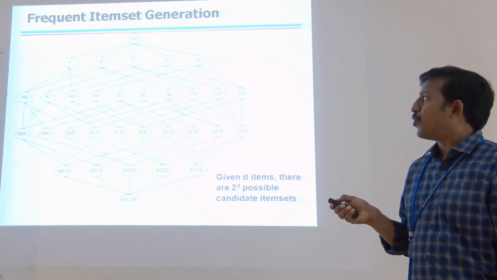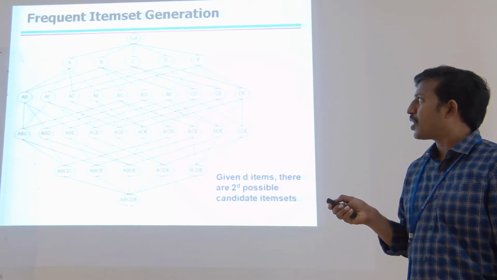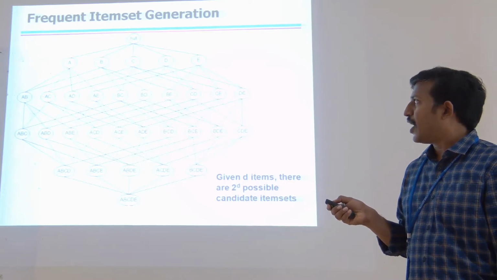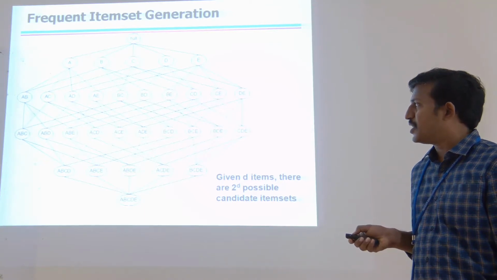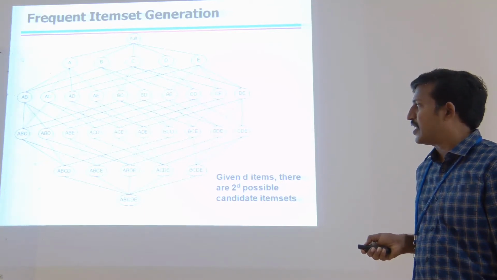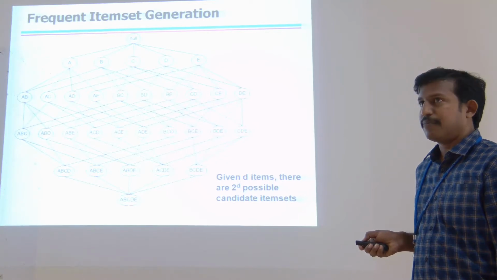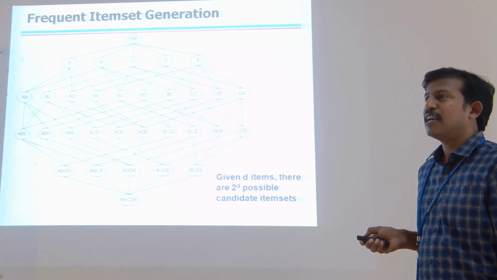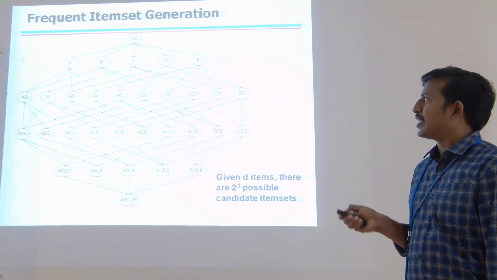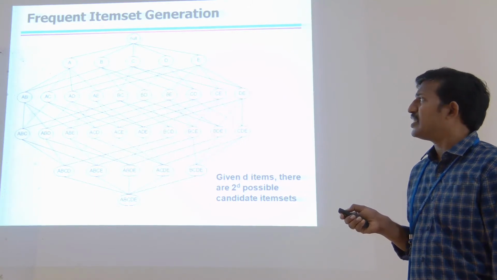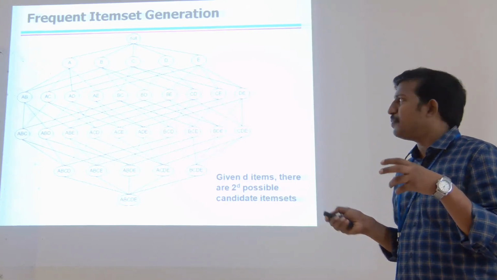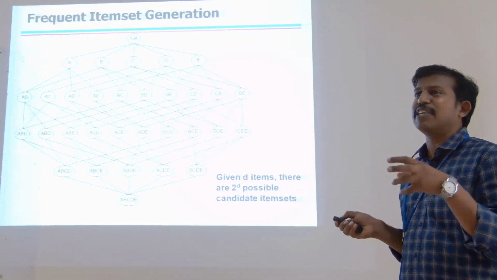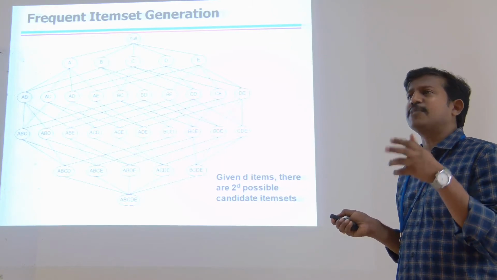For example, A is a 1 item set, AB is a 2 item set, ABC is a 3 item set, ABCD is a 4 item set, and ABCDE is the 5 item set, because we have only 5 items in this example. If we have just 5 items, this many candidate item sets are possible. Is it computationally expensive or not?